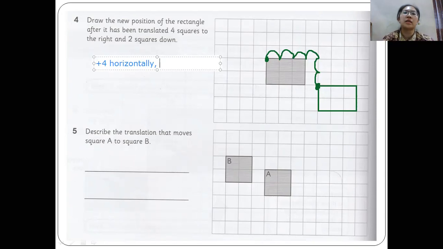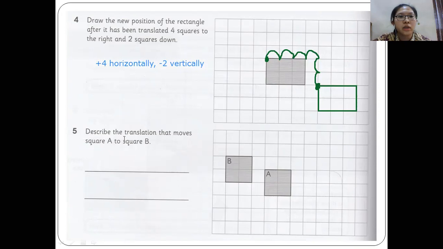Going to the right is plus, going to the left is minus. All right, and 2 squares down. Going down is minus on the y-axis. Going up is plus. So translated 4 squares to the right and 2 squares down is the same as plus 4 horizontally, minus 2 vertically. It will give the same output.